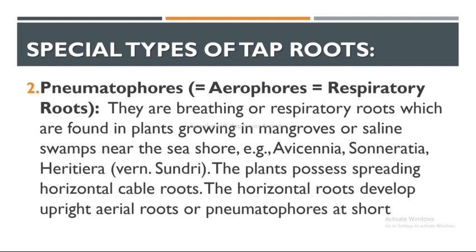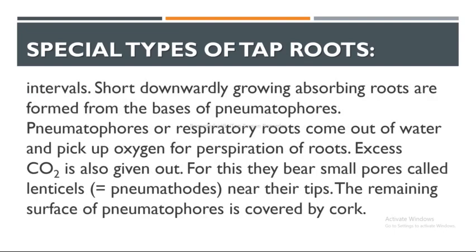These plants possess spreading horizontal cable-like roots. The horizontal roots develop upright aerial roots or pneumatophores at short intervals. The short, downwardly growing absorbing roots are formed from the bases of pneumatophores.